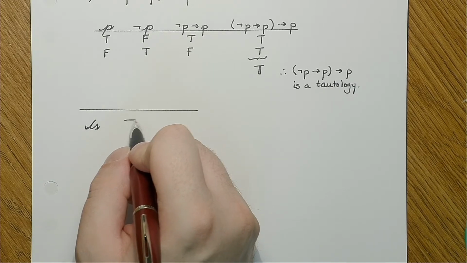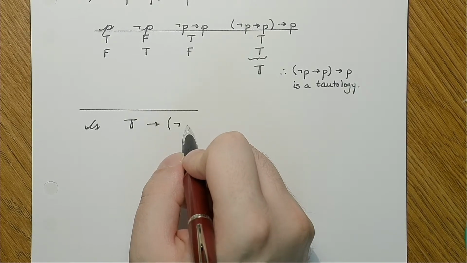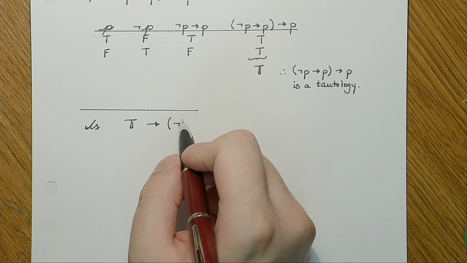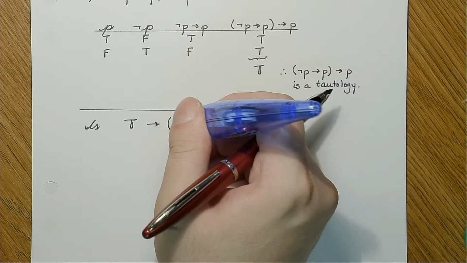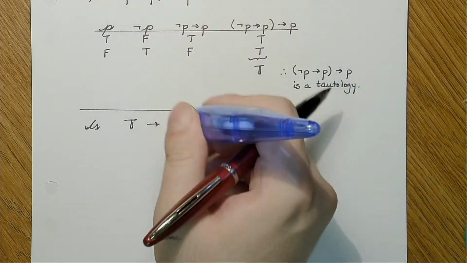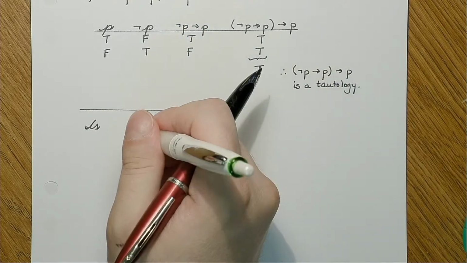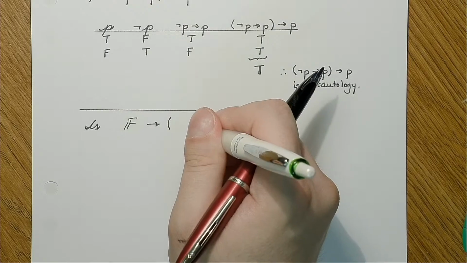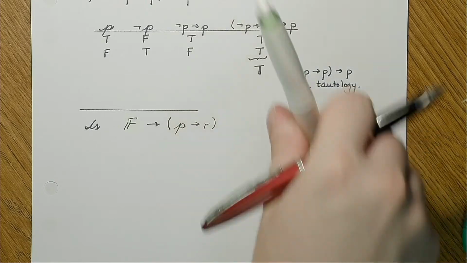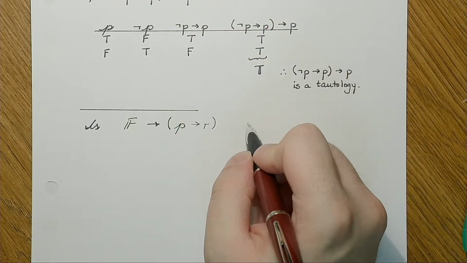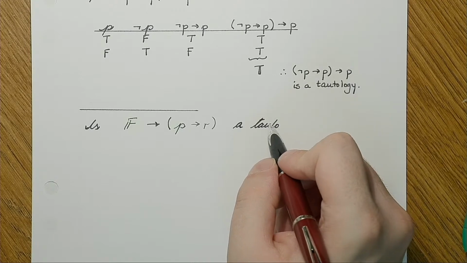So here's the question: is a contradiction implies P implies R a tautology?